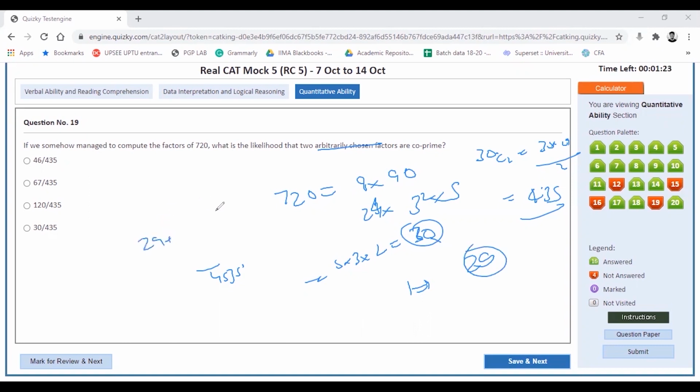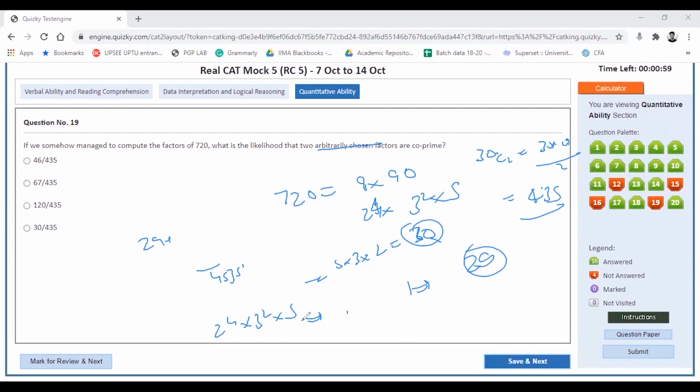Now let me try to take the factors with the power of 2 first.